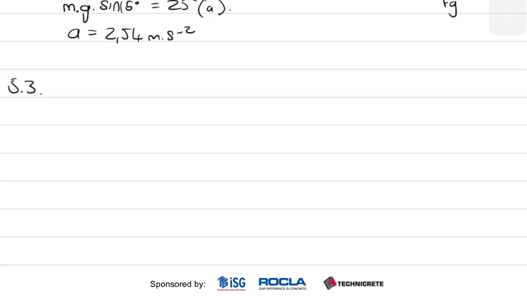All right, so if we had our crate and it was busy sliding down from A to B, and now from C, it's slowing down. It is no longer accelerating that way. It is actually accelerating that way because it is slowing down.